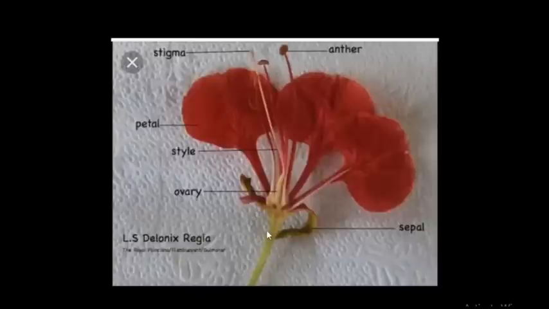Perhaps you are told to draw a cut section of the plant. This is a longitudinal section of Delonix regia. That is the botanical name. So this is how it looks. This here is a petal. You can see the petals here, and then we have this stamen that is unfused in the middle.